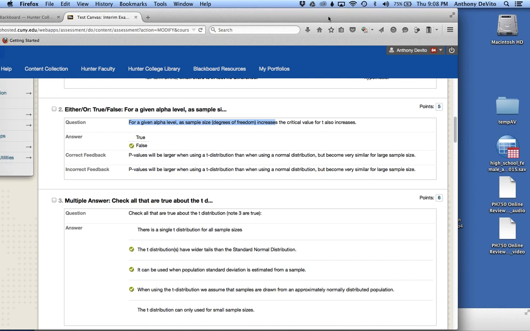In fact, when the sample size gets big enough, it goes all the way down to 1.96. So for a smaller sample size, the critical value of T gets larger and larger. You need T to be bigger for a small sample size to be able to reject the null hypothesis than you do for a large sample size.